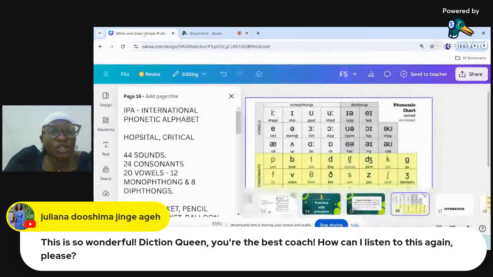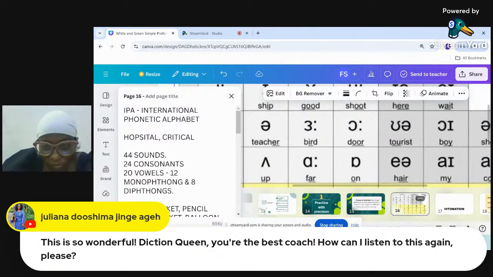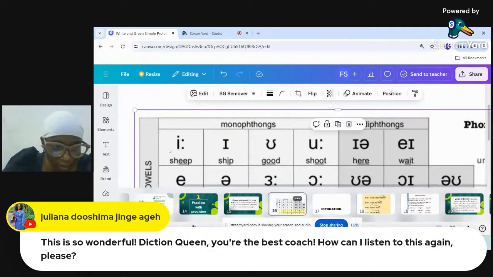Now, looking at the chart, you realize that some of these vowel sounds have two dots. Like this particular one here, it has two dots. This one does not have two dots. This one does not have. This one again has two dots. Those symbols that have two dots are the long vowel sounds.